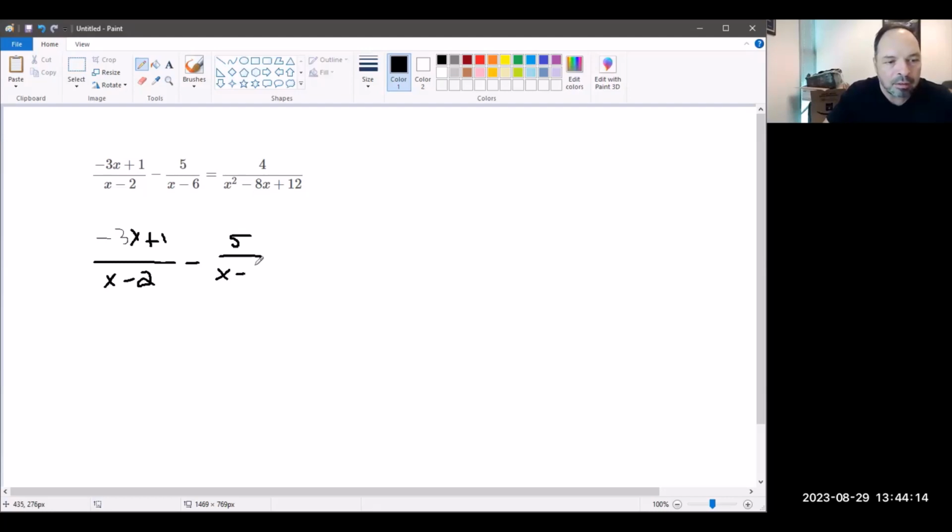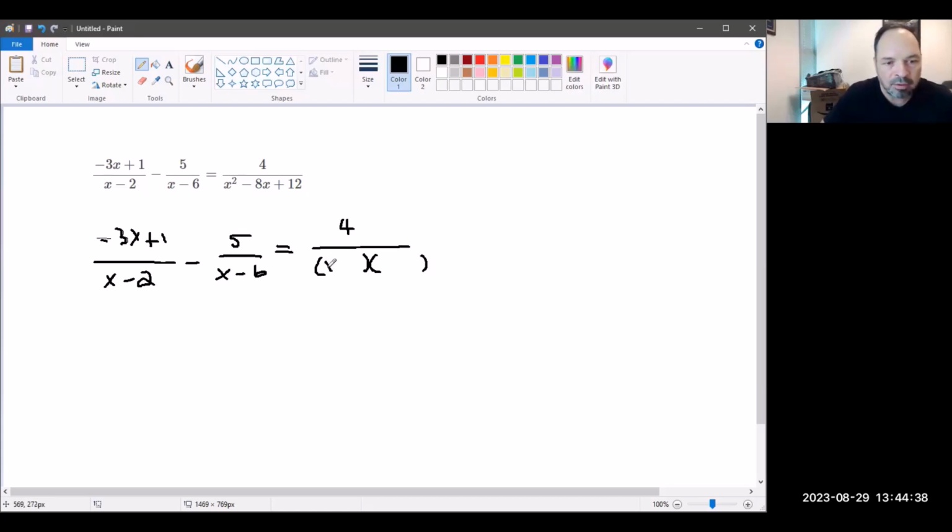Except that what I want to do is factor this side. And if I'm lucky, the factors are going to be the same as these denominators on the other side.